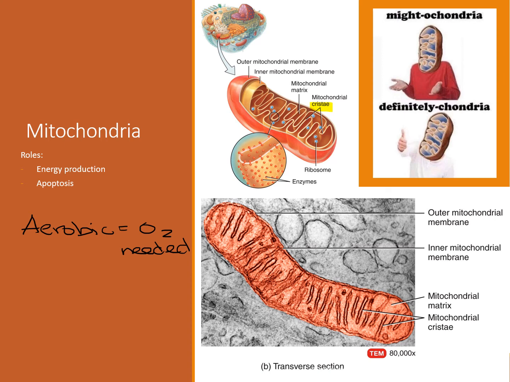So we're going to have cellular respiration occurring. And that's why we need that large surface area, because all those chemical reactions need a lot of space. So a cell might have as many as a few hundred mitochondria or even several thousand mitochondria.